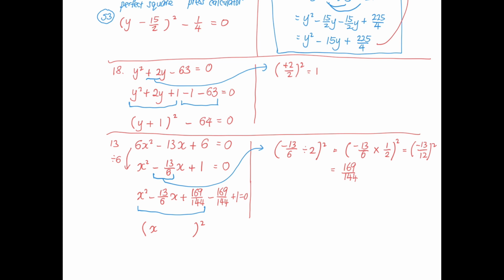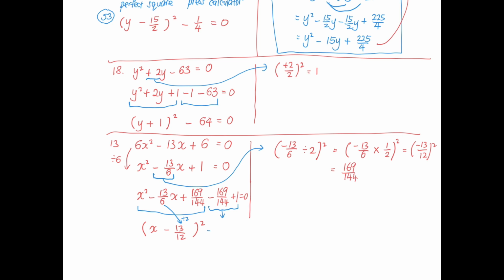So I put a mark here. This thing you divide by 2, then you will get minus 13 over 12. You put them in the bracket, and now for the last two terms, we press the calculator: minus 169 over 144 plus 1.